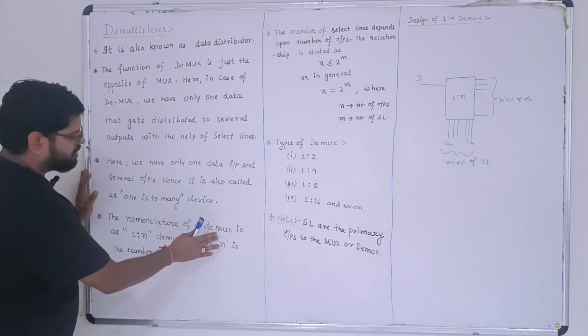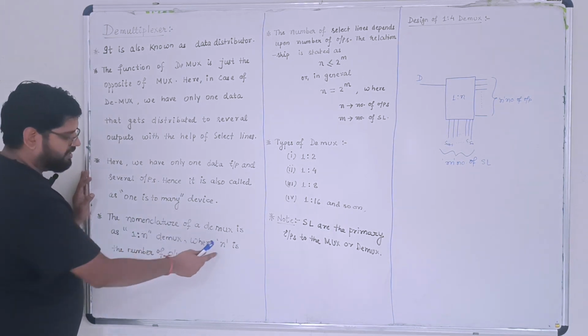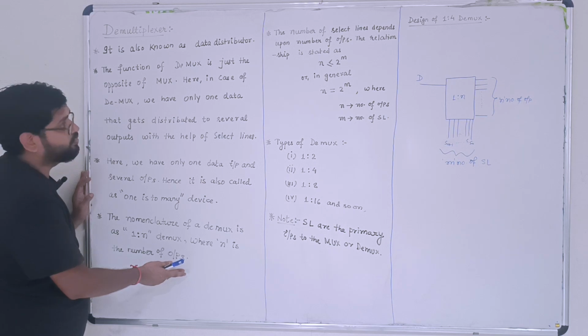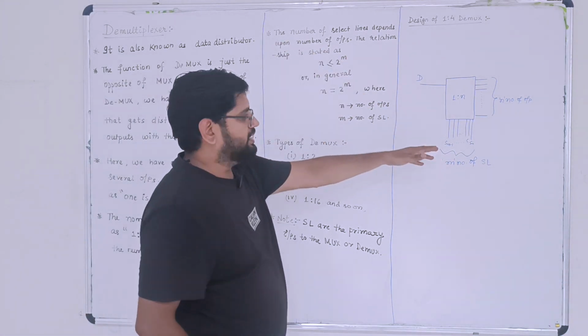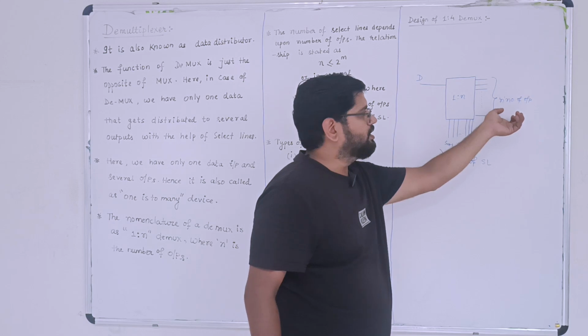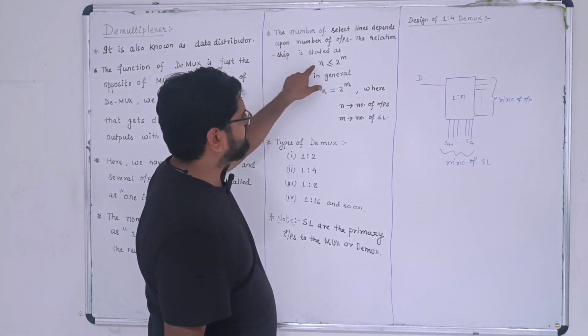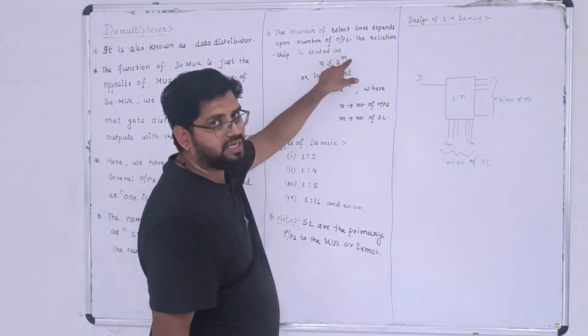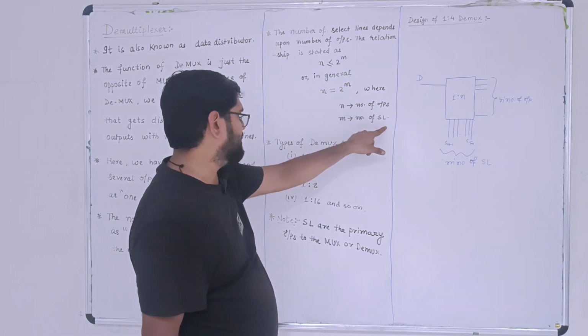The nomenclature of demultiplexers is 1:n, where n represents the number of outputs. The number of select lines depends on the number of outputs, and the mathematical relationship is n less than or equal to 2 to the power m, where n is the number of outputs and m is the number of select lines.